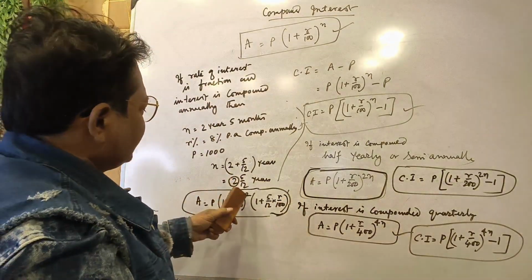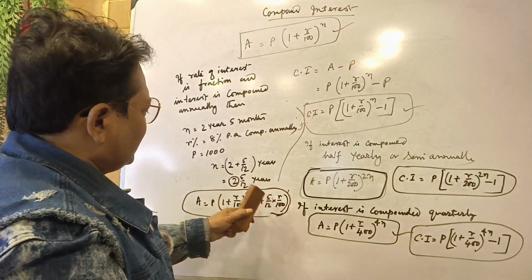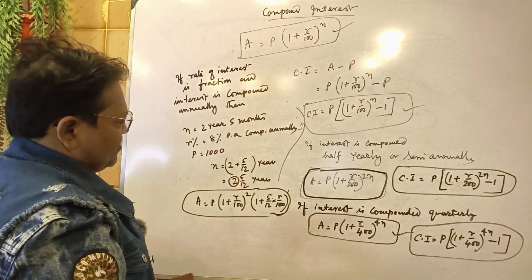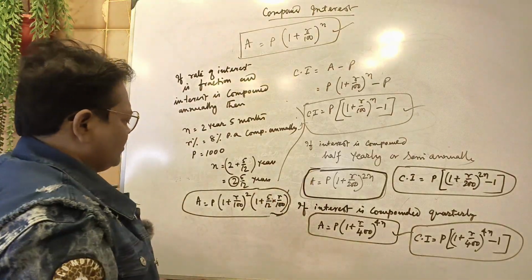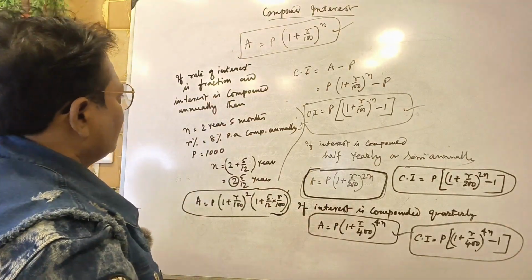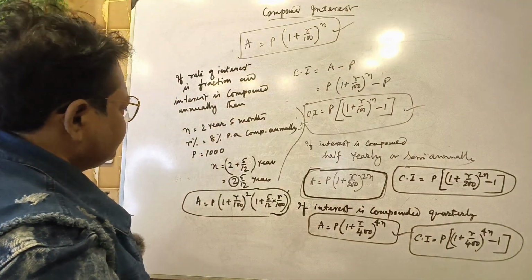So, this will be multiplied with the rate and its power is 1. This is the formula for doing this sum.